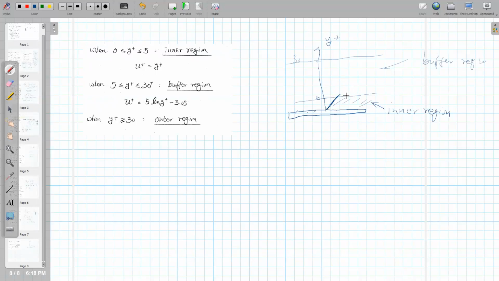In the buffer region, u plus is not linear in y plus; it becomes a log correlation, u plus equal to 5 times the log of y plus minus 3.05. And if y plus is larger than 30, we call it the outer region.